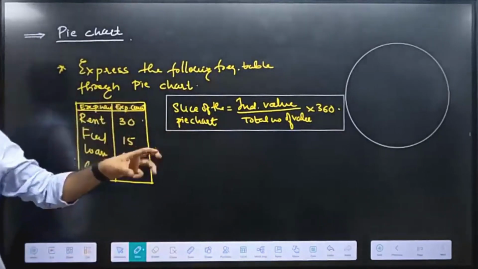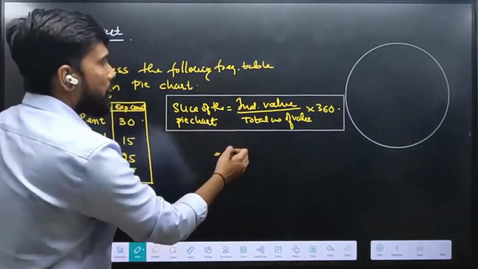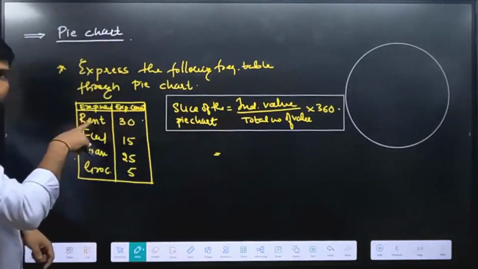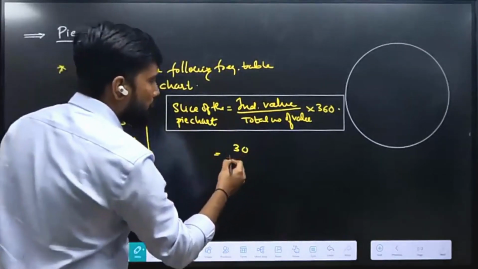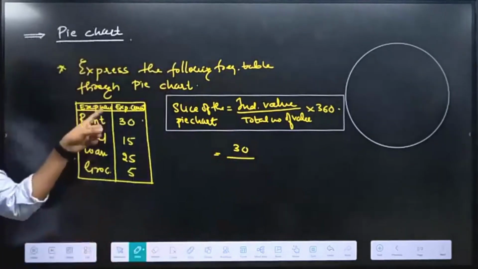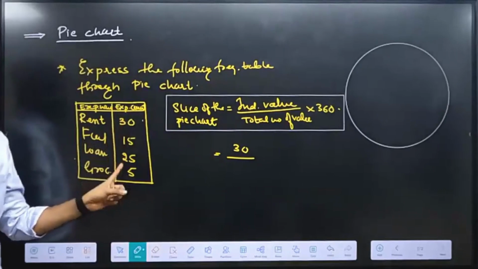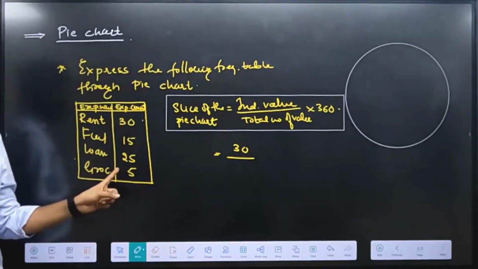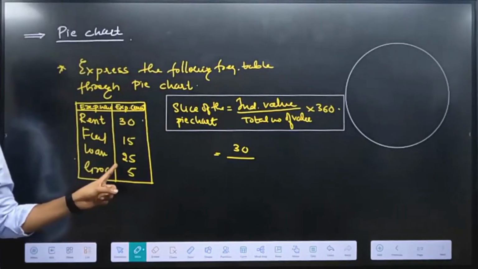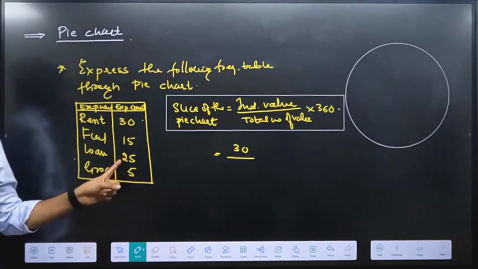So for the slice of the rent, what is the individual value of rent? It is 30, divided by the total of the values: 30, 15, 25 and 5, that is 75.